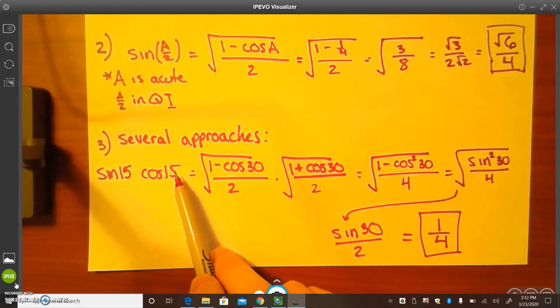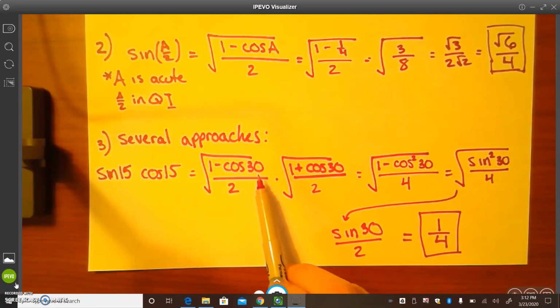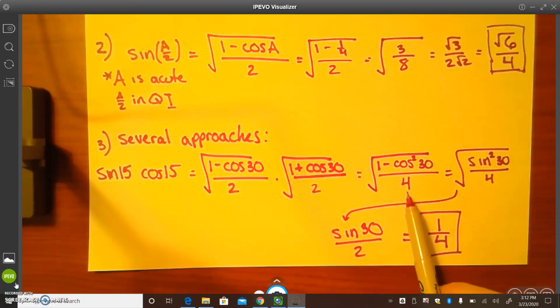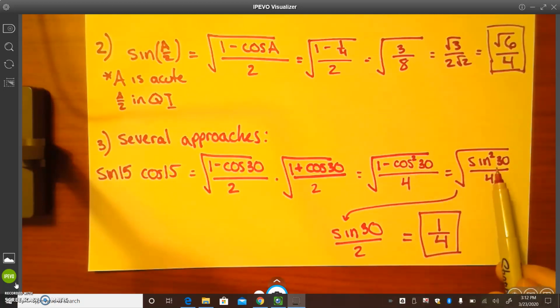First off, if 15 is the half angle, 30 was the original angle, right? So notice these are pairs of conjugates. So when you multiply the radicals, first off, you have a very nice denominator. The numerator gives you a 1 minus cosine squared of 30 degrees. Well, 1 minus cosine squared of an angle is sine squared of that angle. So now we have a perfect square numerator, a perfect square denominator, both which reduce. Again, we're going to keep it a positive root because we're still working in quadrant 1. Sine 30 is 1/2 divided by 2 gives me 1/4.